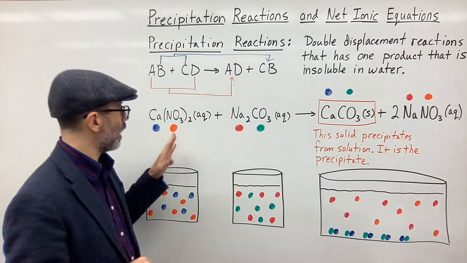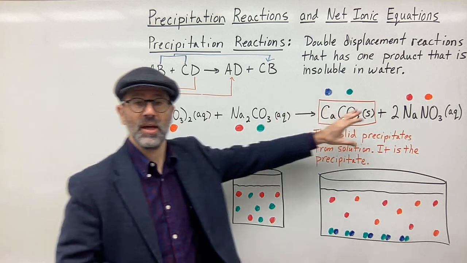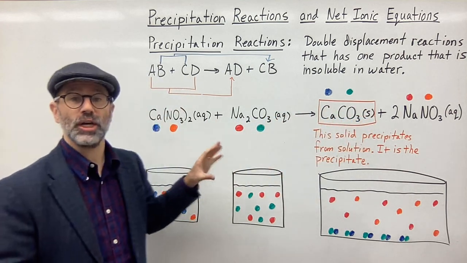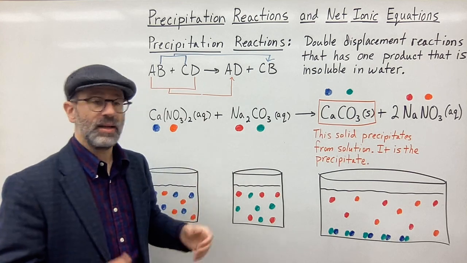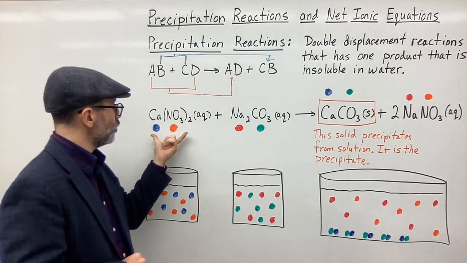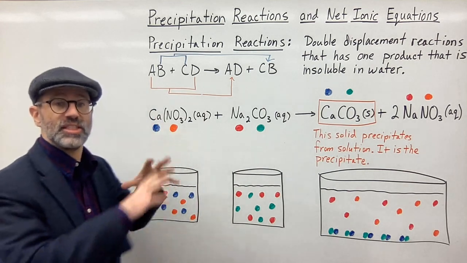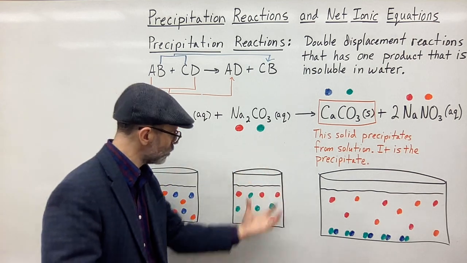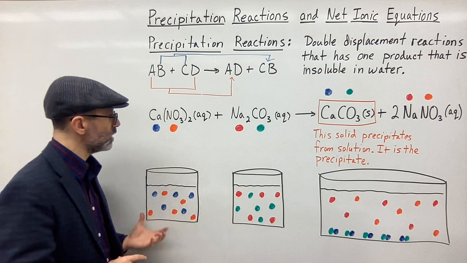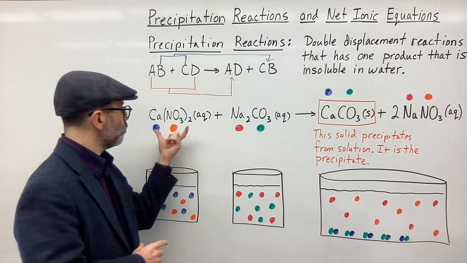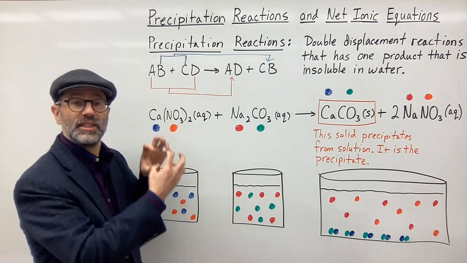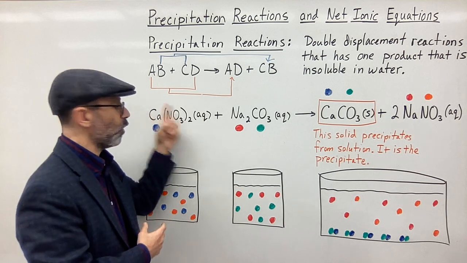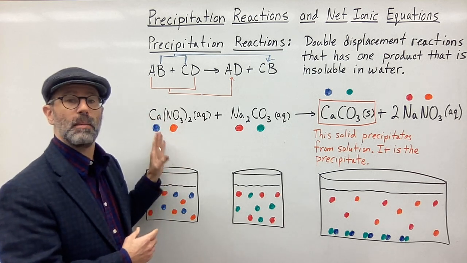But I want to point out this equation here, this is called a molecular equation. Why? Because even though these are ions that are separated in solution, like the picture shows, we write them together as if they're together in a molecular form. So we call this a molecular equation.